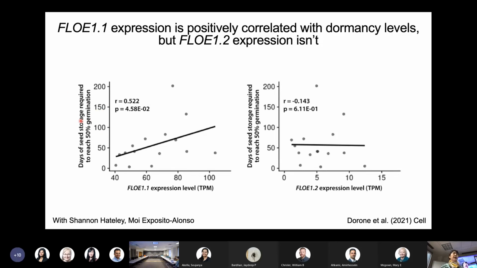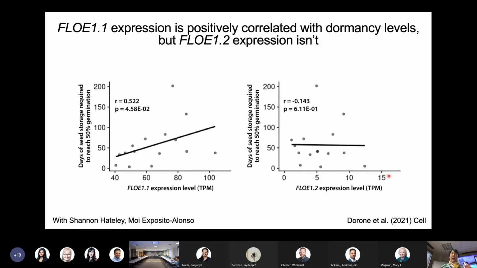You can sort of consider it as a dormancy trait, let's say, and this ability for the seed to not germinate from storage was positively correlated with the expression level of the long isoform of flow1.